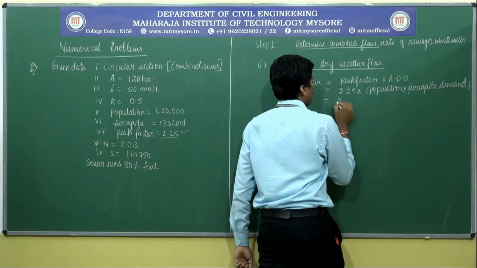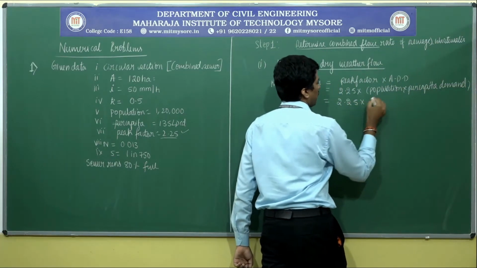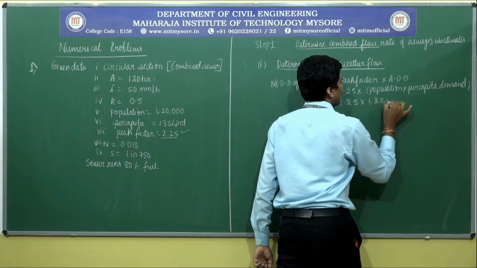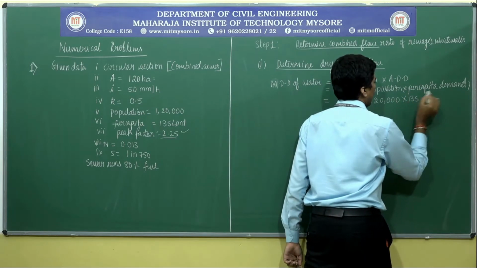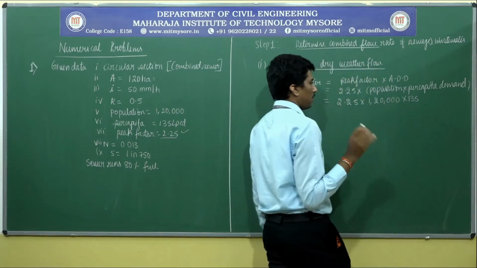So that is equal to 2.25 into population 1,20,000 into per capita 135 liters per capita per day.